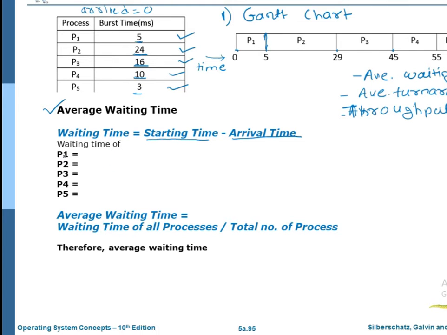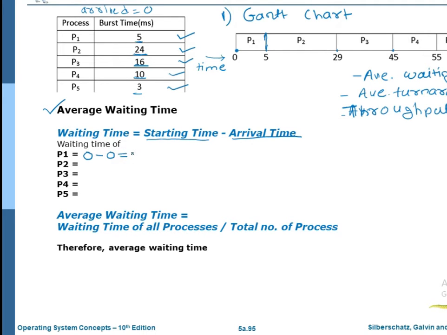First P1. What is the starting time of P1? See here in this junction, P1 started at time 0. So the starting time is 0. What is the arrival time of P1? P1 arrived at time 0.